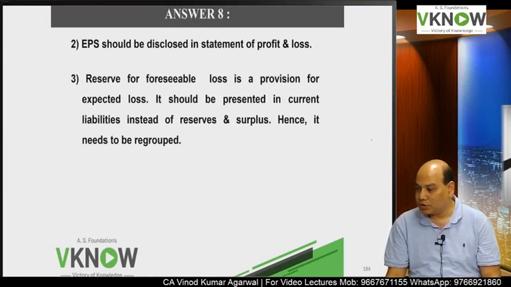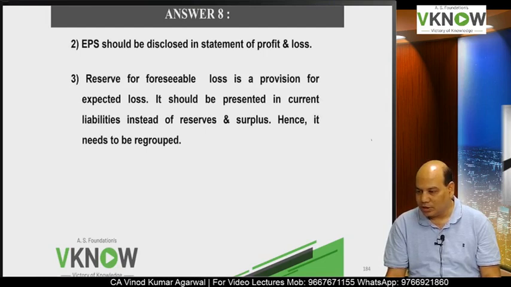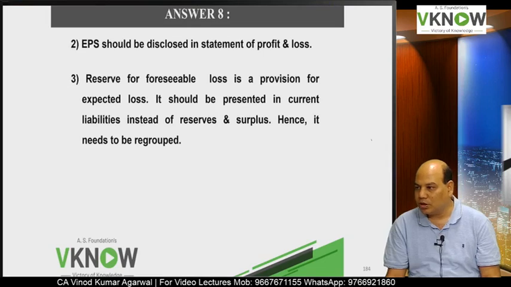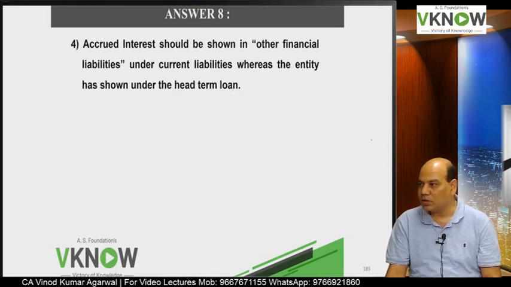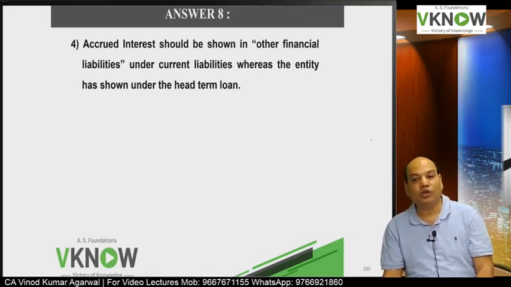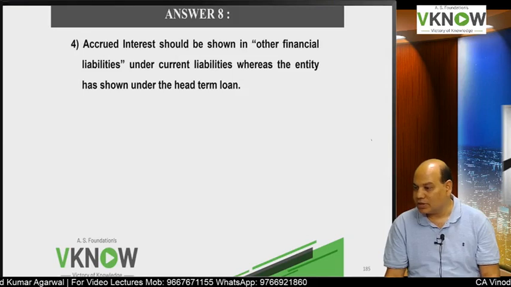Reserve for foreseeable loss is a provision for expected loss. It should be presented in current liabilities instead of reserves and surplus, hence it needs to be regrouped. So it will be removed from reserves and surplus and added along with short term provision. Then we have discussed interest accrued.